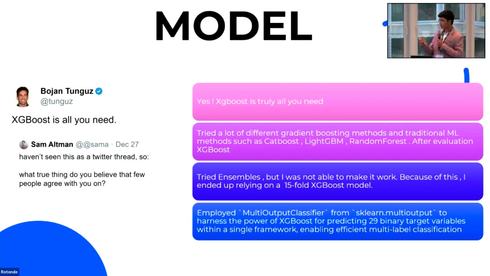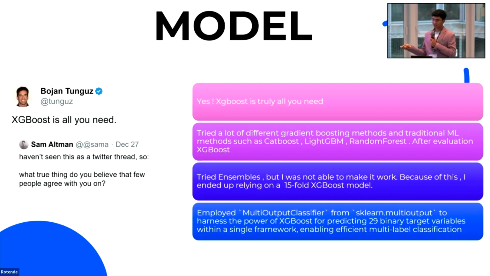So these 15 folds were the amount of validation and training. So the data had 15 different sets of validation, and this ended up with a 15-fold XGBoost model. And since this was a multi-label, multi-target data set, I employed something sklearn has known as MultiOutputClassifier. Which basically makes it much easier for me to do multi-label and also multi-target.